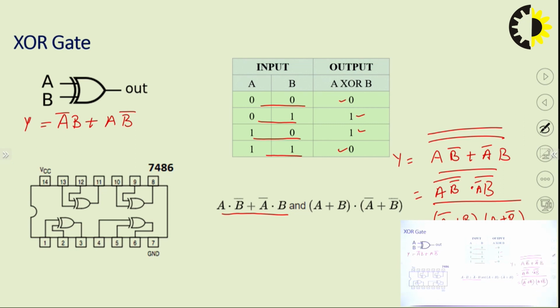So this is the way to write it, which can further be solved using De Morgan.